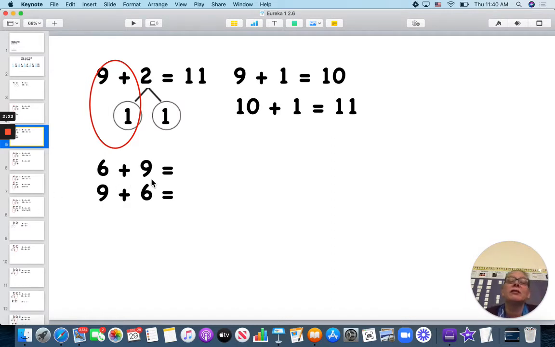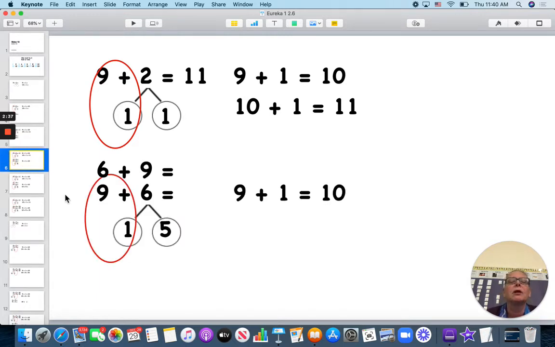Now let's take a look at our next problem down here. I have 6 plus 9 and 9 plus 6 because order doesn't matter with addition. I need to take some numbers from my 6 and bring them over to my 9 so that I can add with 10s because that is easier. So here we go. I broke the 6 up into 1 and 5.